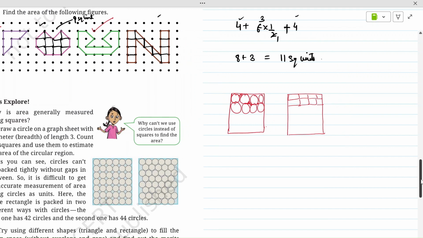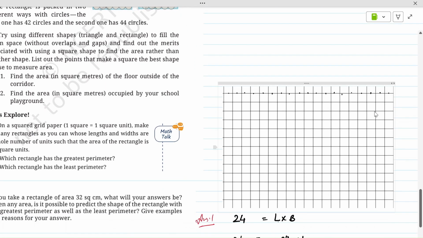Wait. I'm drawing more here. Just give me a time. Let me align it properly.